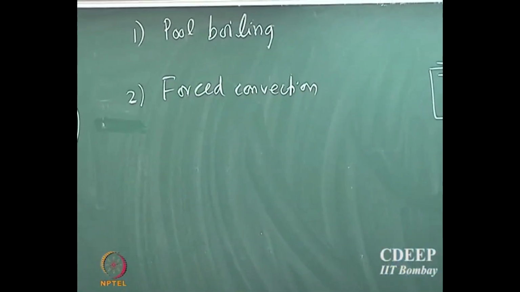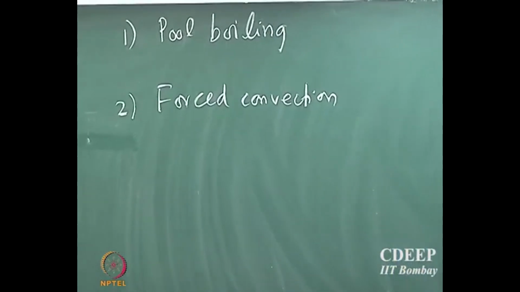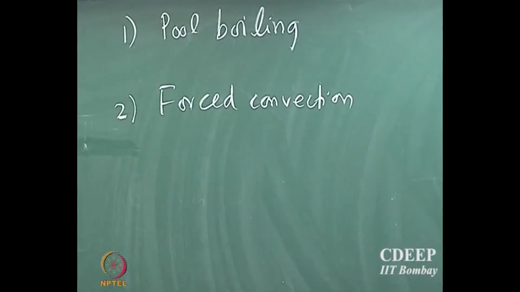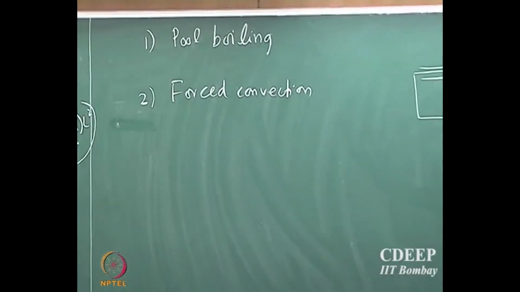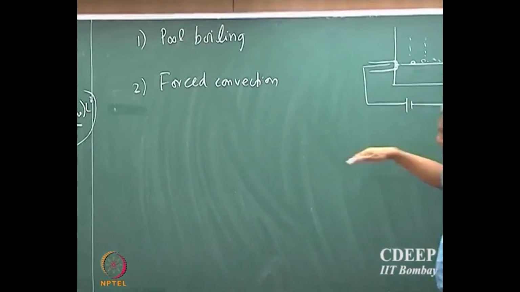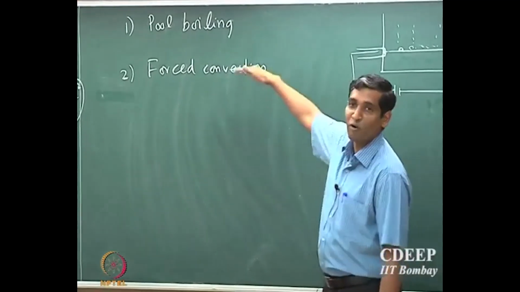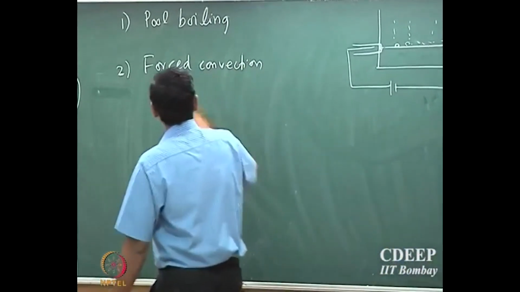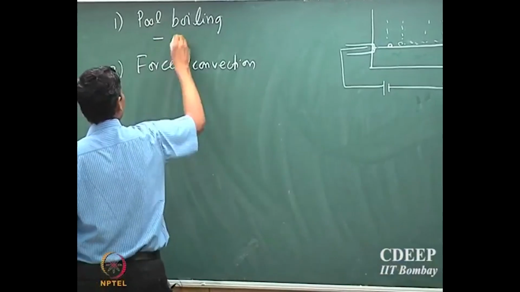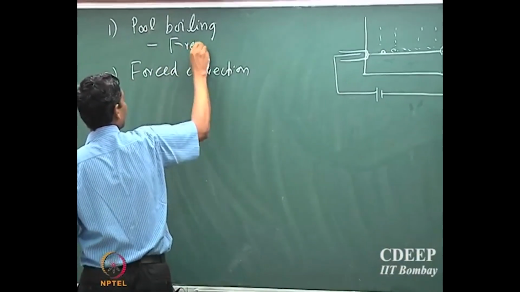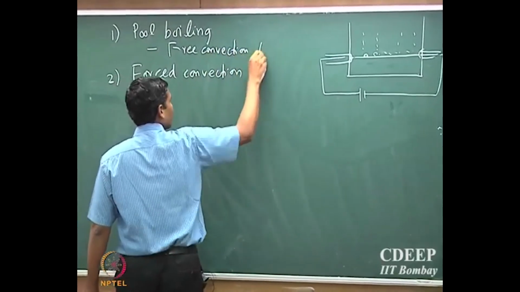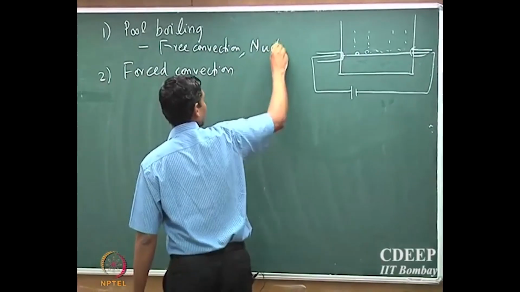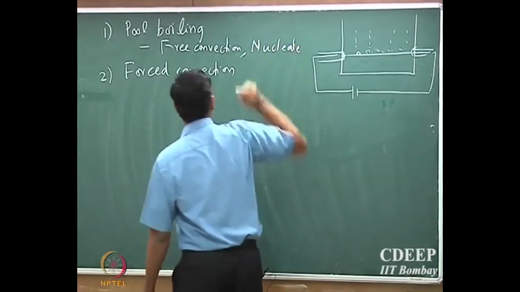Although the fluid is not being pumped or forcefully made to flow, you will see that there is a certain type of forced convection involved, and we will discuss it very briefly when we go to that topic. In pool boiling there are 2 types. One is called the free convection mode, the other one is called nucleate pool boiling.